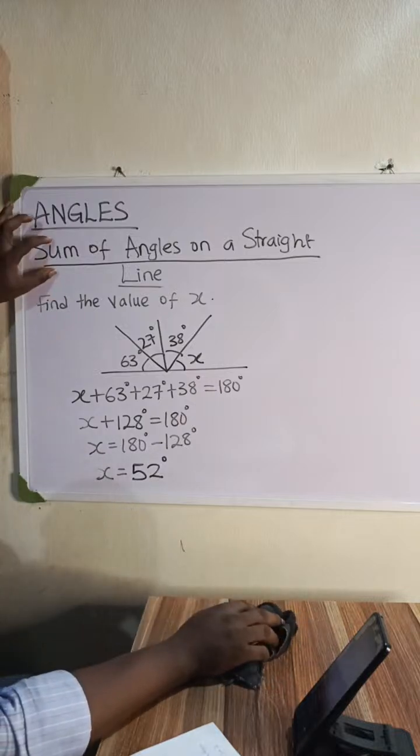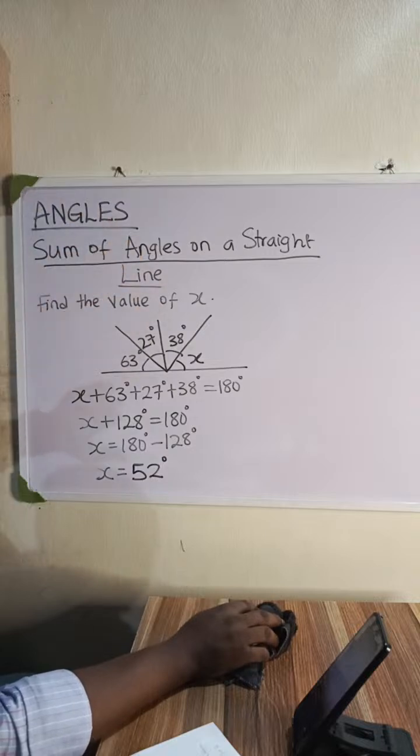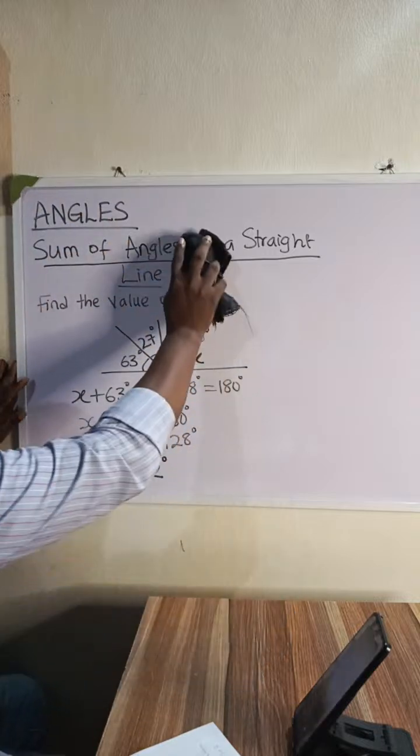So now we are going to sum of angles around a point.